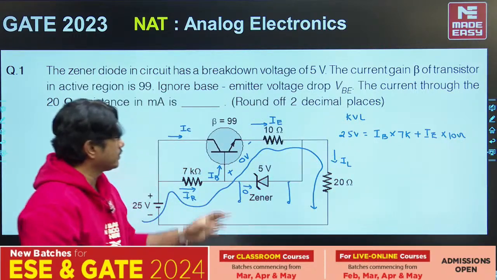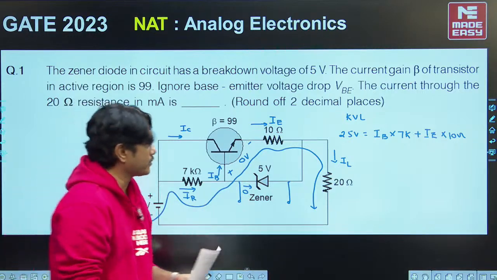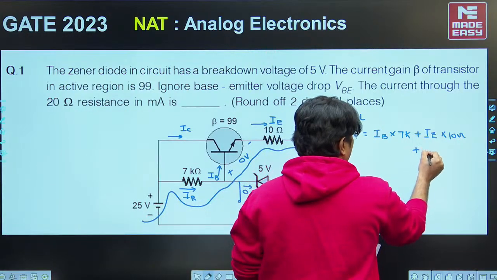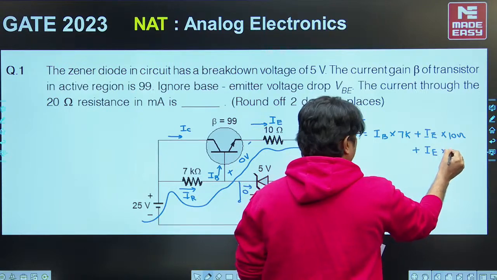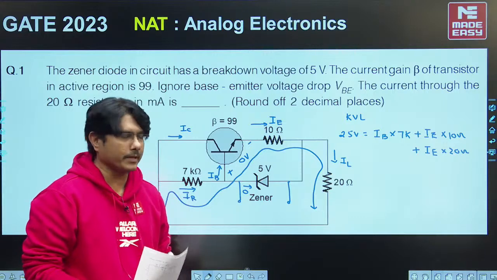When this is open circuit, IE and IL are the same, so again plus IE into 20 ohms. So this is the way you get one KVL equation.